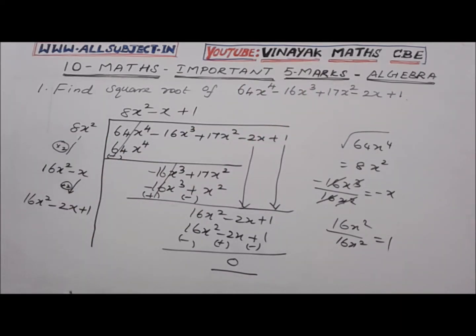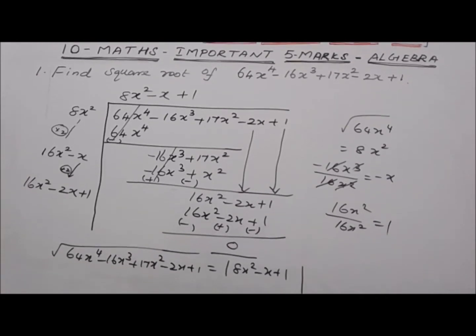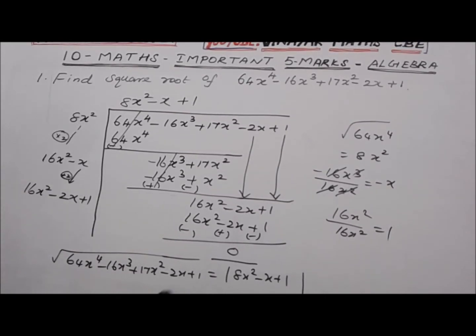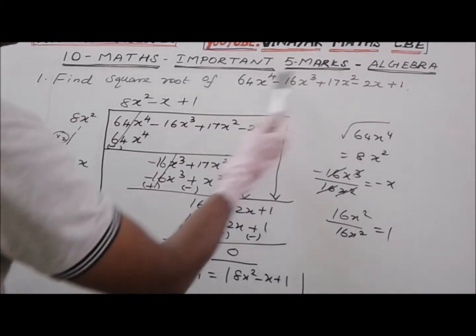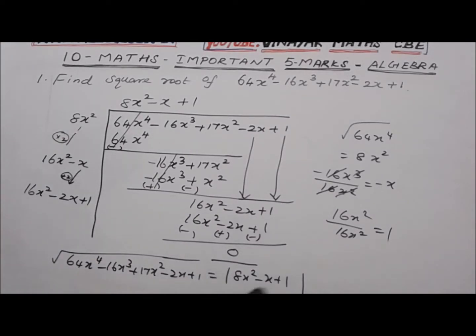So the square root of 64x power 4 minus 16x cube plus 17x square minus 2x plus 1 is equal to modulus of 8x square minus x plus 1. That's all.